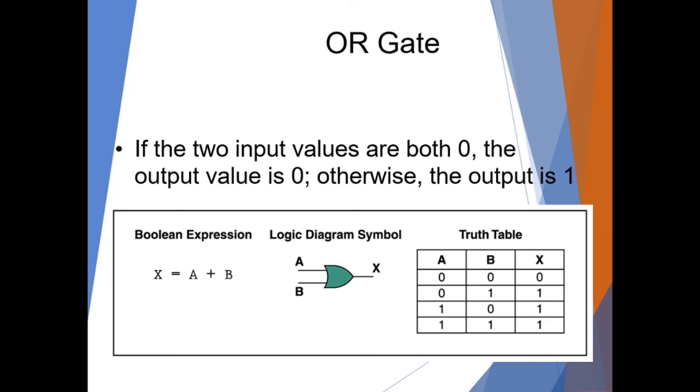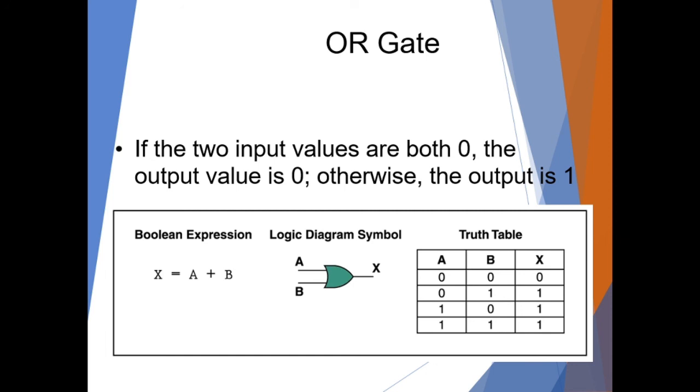For two inputs, there are four possible input value combinations. So look at the truth table. When A and B are 0, that is when both the inputs are 0, the output will be 0. When inputs are 0, 1, 1, 0 and 1, 1, the output will be 1.